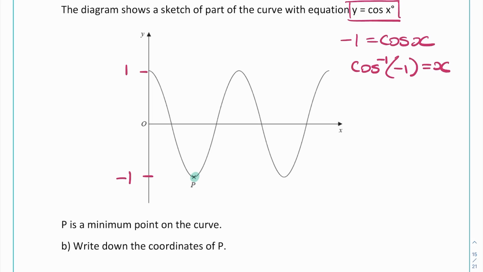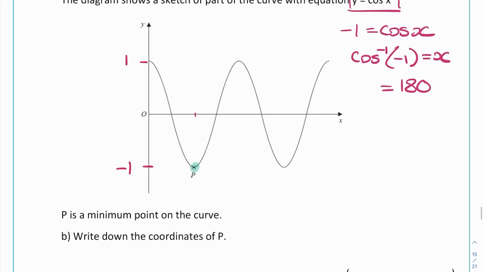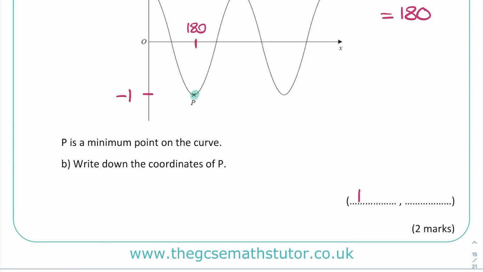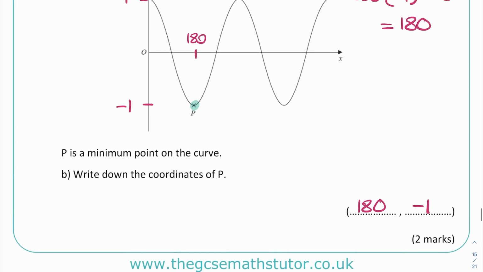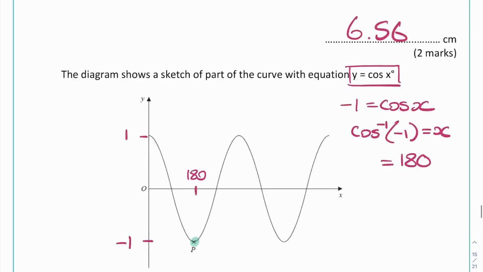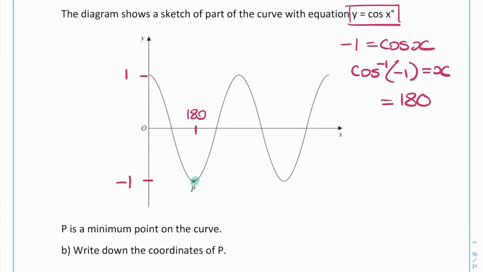So typing that into the calculator, shift cos negative 1, and we get the answer 180. So the x coordinate there is 180. So to write that as a coordinate, x is 180 and y is equal to negative 1. And there we go, that's using some cosine rule and also looking at the cos graph.